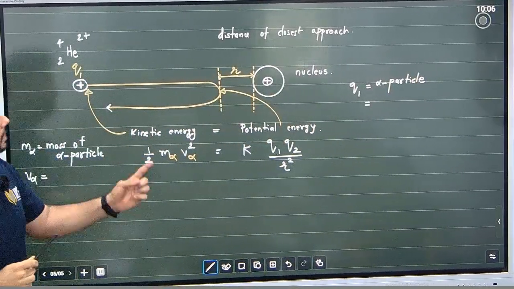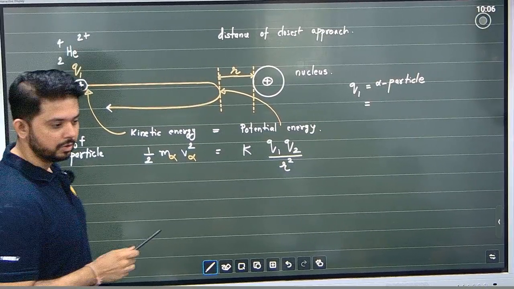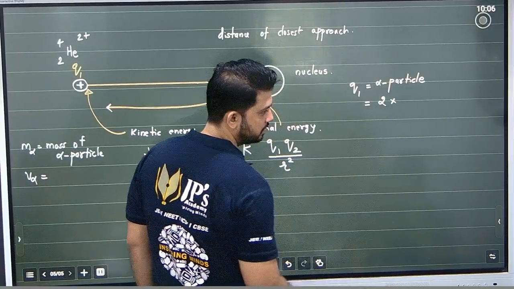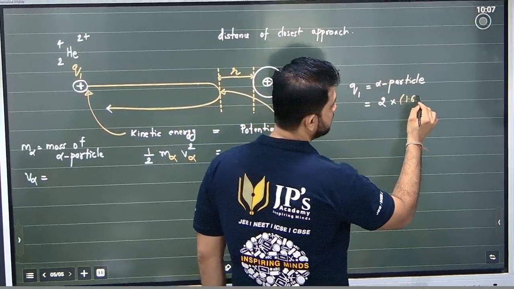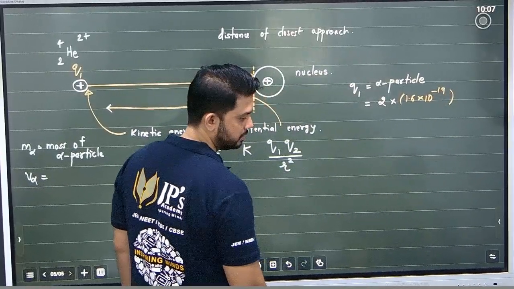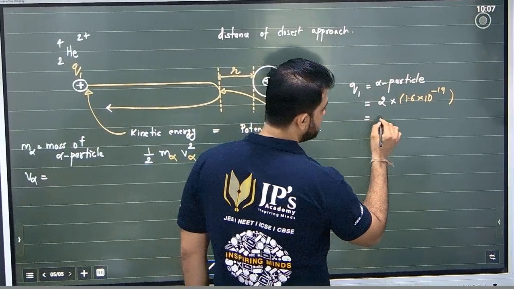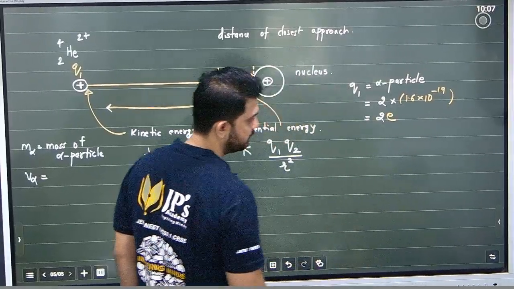What is the charge on alpha particle? 2 into charge on proton. Yes or no? To keep this simple, I write this as 2, and this I write as E.